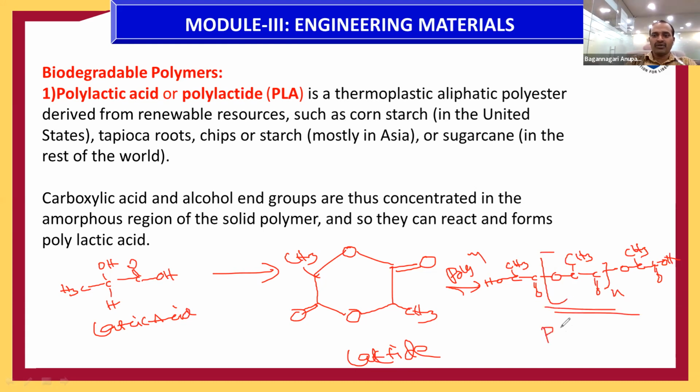So this is called polylactide or polylactic acid. So lactic acid forms a lactate ring structure. So this ring opening takes place here. You see, ring opening takes place. ROP. So ring opening polymerization takes place. Then we are getting the polylactate or polylactic acid. This is the structure of polylactic acid.